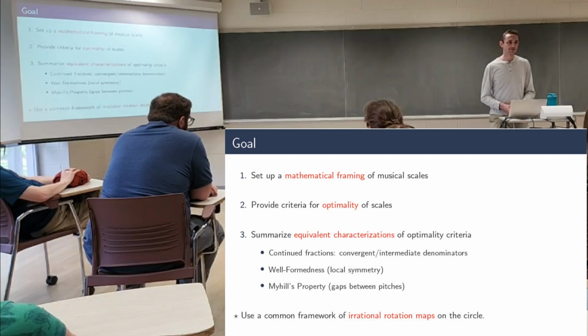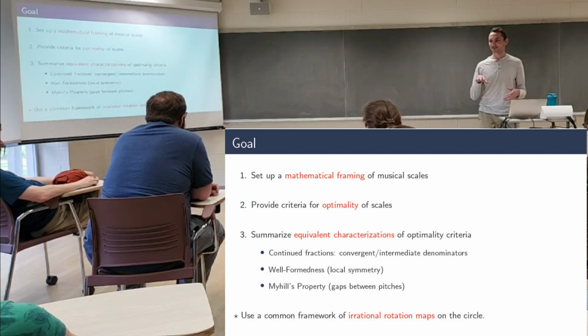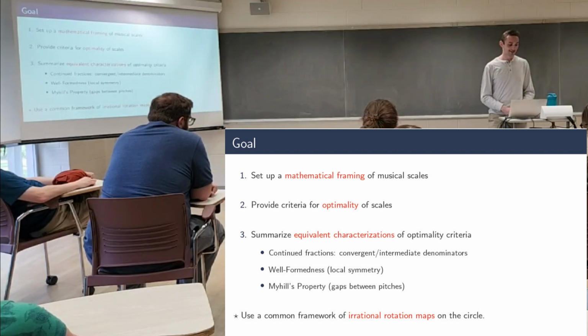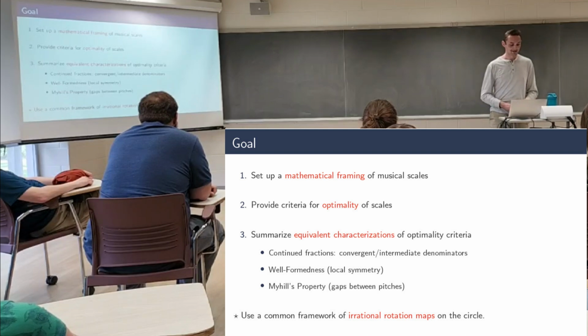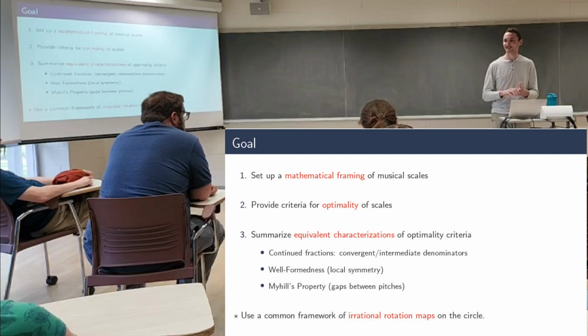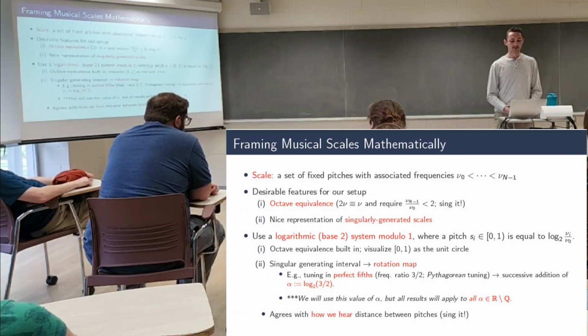The second one is called well-formedness, which amounts to a kind of symmetry in the scale. The third one is called Myhill's property, which has to do with the distances between the pitches in the scale. And as Professor Mark said, we'll use a common framework of irrational rotation maps on the circle, which we will also talk about.